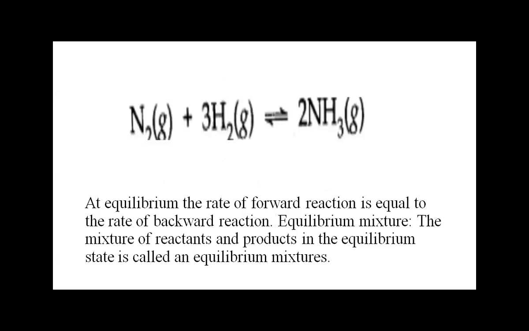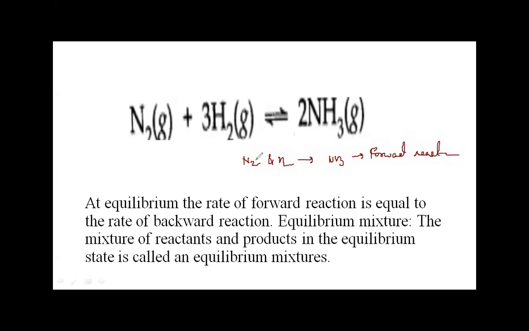Here you see N2 + 3H2 giving NH3, and it is a reversible reaction. You can look at the arrow marks. Looking at the arrow mark, what happens at equilibrium? What do I call the forward reaction here? The forward reaction is N2 and H2 getting converted to NH3. This is the forward reaction, correct?